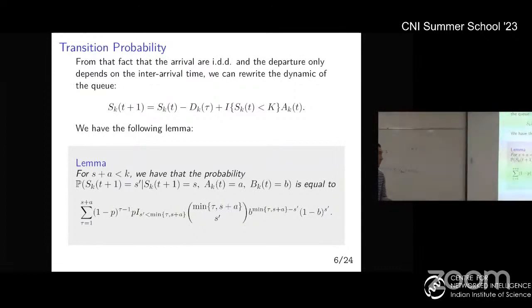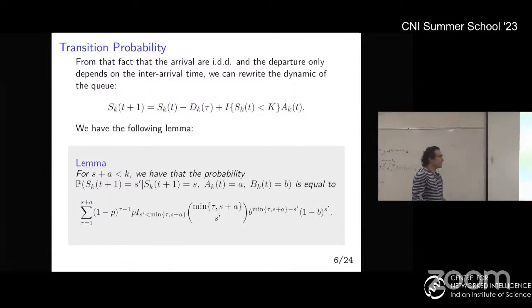So basically, if the arrival time is of size 2, then you have a certain amount of departure during this interval, plus what you have. Okay. And you can just do the maths.